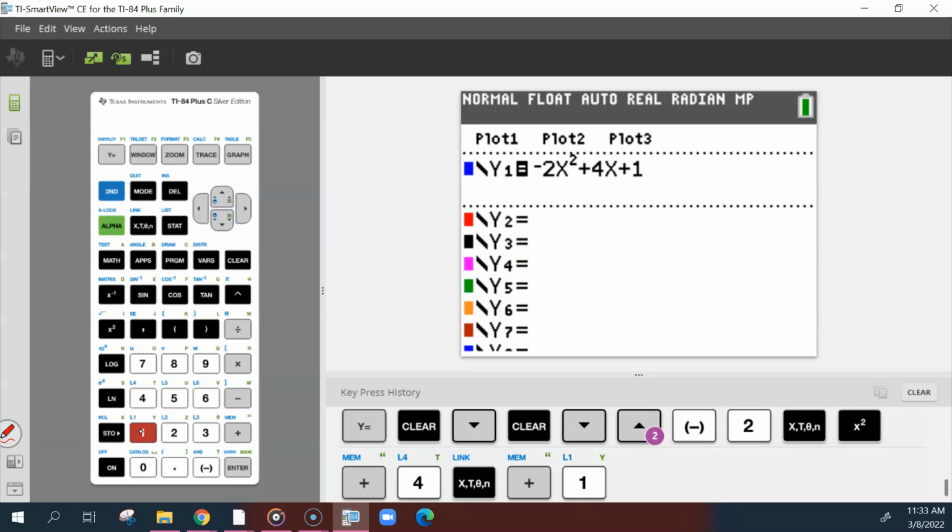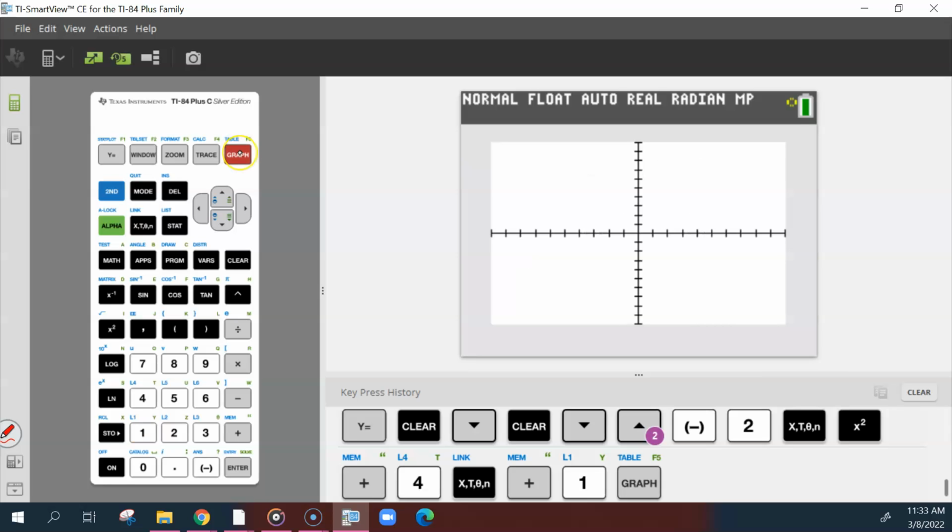But instead of going to your table, hit graph. So not second graph, just graph. You'll be able to see clearly that this does not go through grid lines exactly. We can still find the solution. We just have to use the calculator to do it.